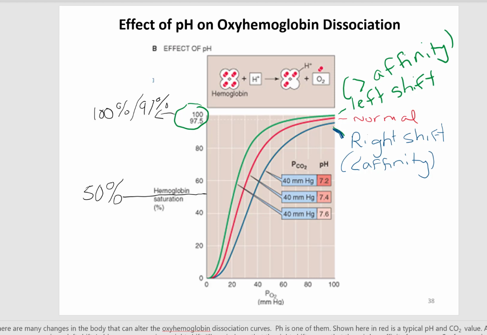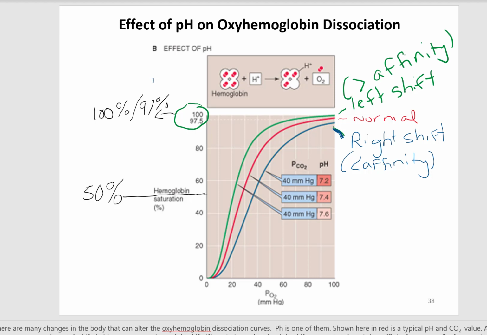Across a normal capillary bed, as I showed you before, we only lose 1 oxygen molecule out of the 4. In a normal capillary bed, we would only go from 100%, 97%, to 75%. But for this demonstration, I think it's cleaner and easier to see 50% as being halfway between 60 and 40%.